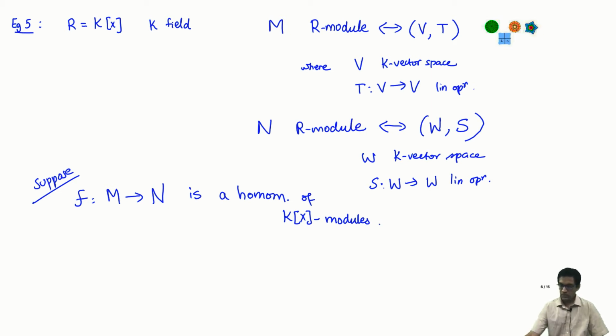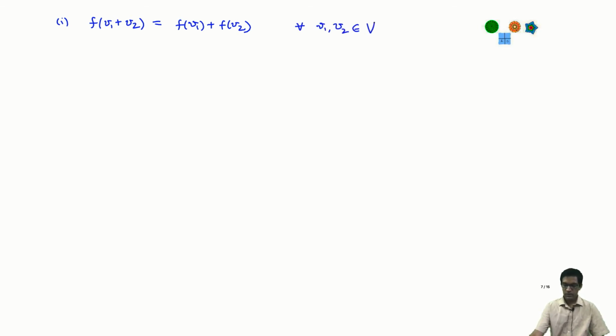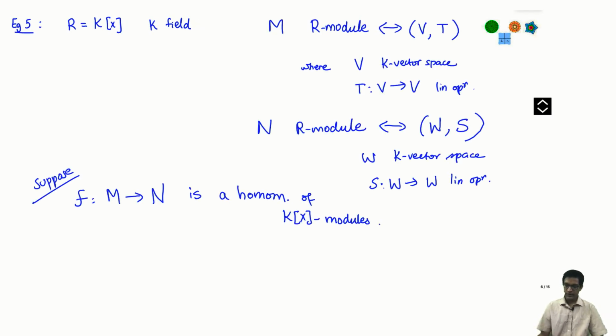Now let's go to the next page. So observe that it just means that I have the additivity property. So this means two things. Number one, f of v1 plus v2 for all v1 and v2 in V. So notice that when I say M and N are given by V and W, recall, these are the underlying spaces.